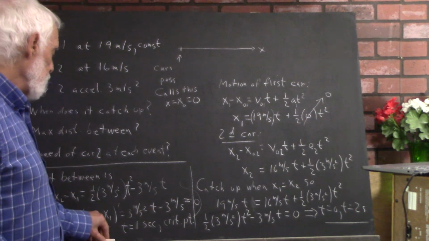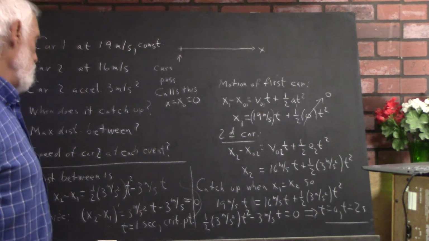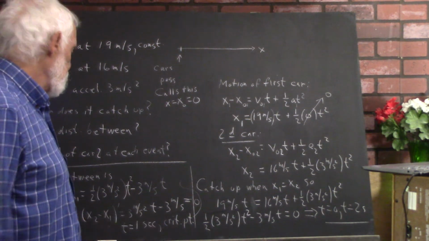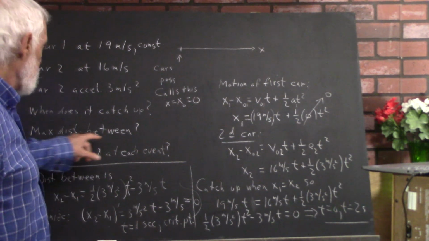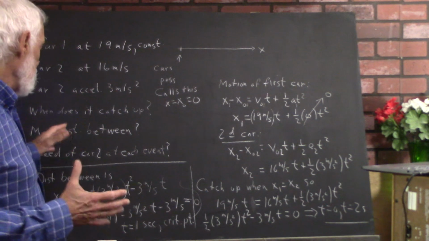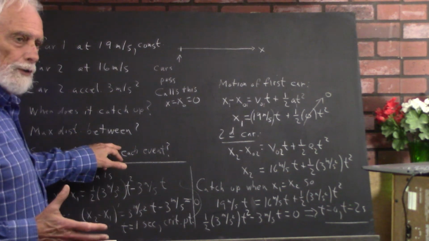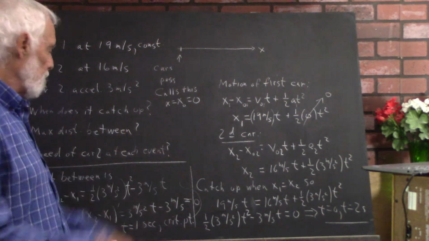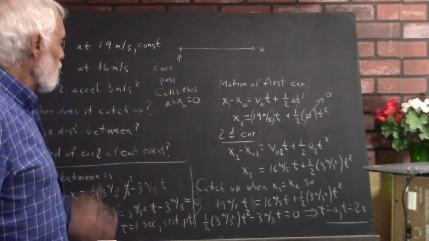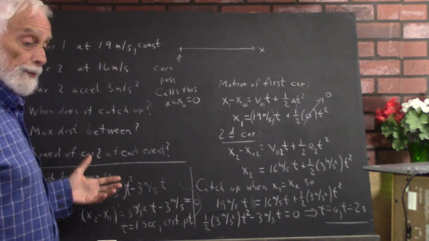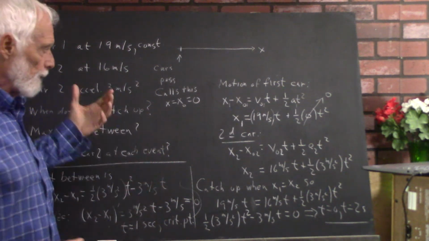You do a first or second derivative test, and you determine that your critical point gives you a maximum distance. Of course, we figured that out from my first comments: maximum distance occurs when the two velocities match, and that happens at 1 second, and that's obvious. You're going to get to do this problem with different numbers, so you're going to see what happens when things aren't as obvious.